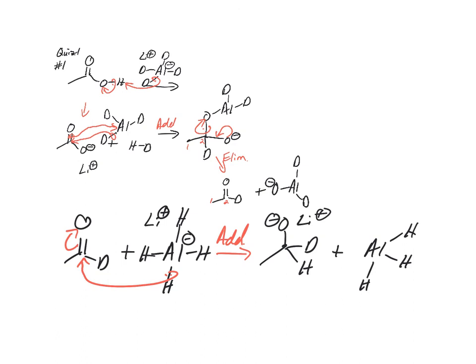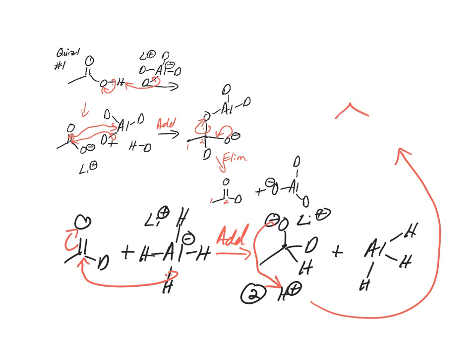Step 2 was H plus, so the final step is just grabbing that H. And the final product should be a primary alcohol with an H and a deuterium on that carbon. Really important to remember though, normally this would just keep reacting.